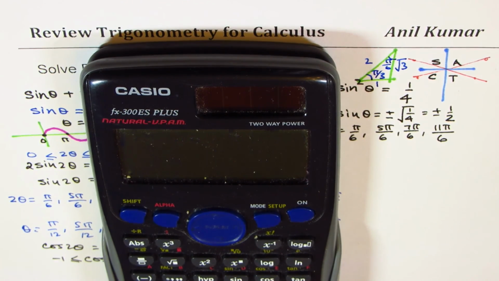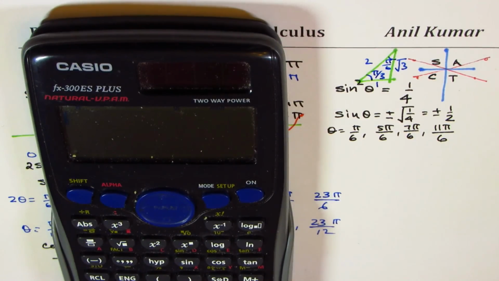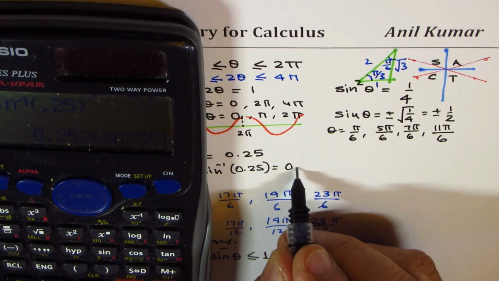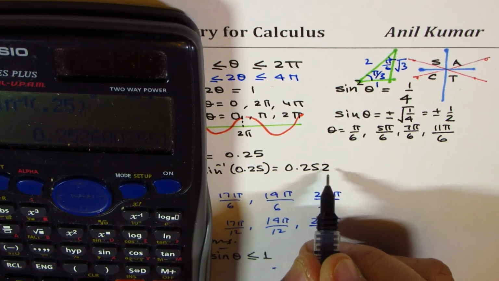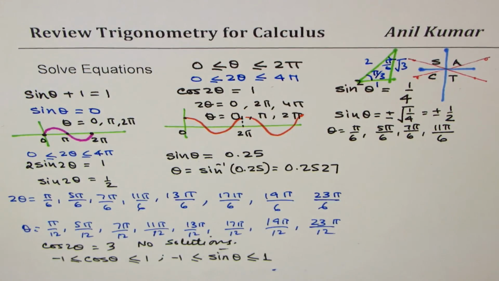So for us, 4 is radians. And now we will do sine inverse of 0.25. Shift sine inverse 0.25 gives us a value of 0.2527. So that is one of our solutions.